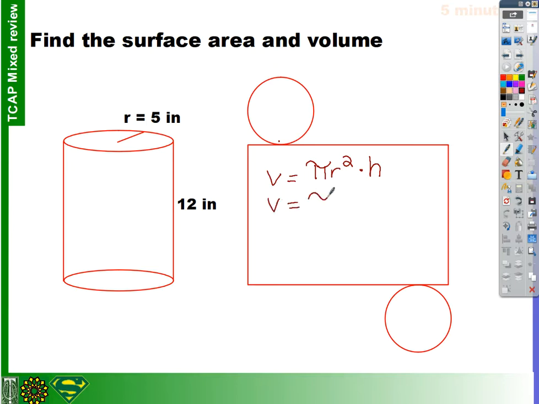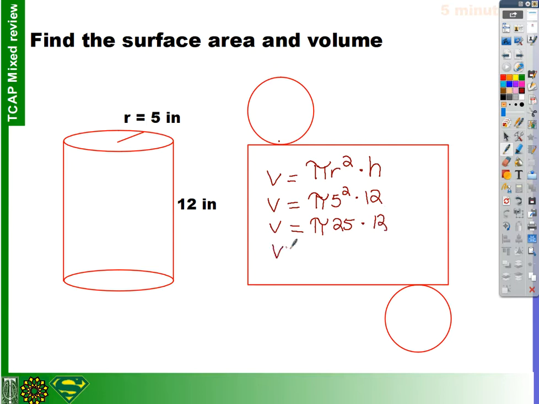And so the radius is 5 inches, so times 5 squared, and the height is 12 inches, so I'm gonna put that in. And then the volume is equal to pi times 25, because that is 5 squared, times 12.